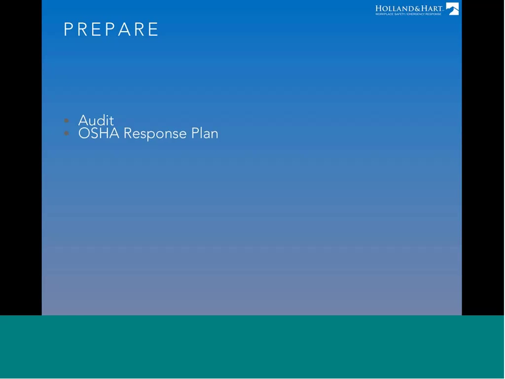I think the other important part is to understand and educate your team about what happens if OSHA actually does come on site. What happens if OSHA sends you a complaint letter asking for additional information about a specific subject?